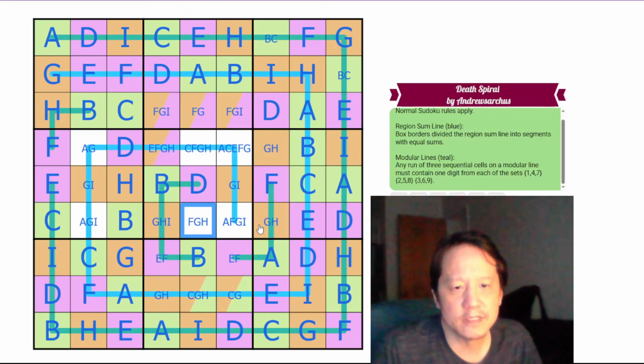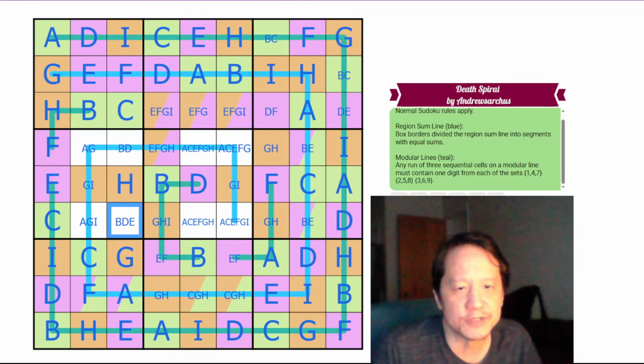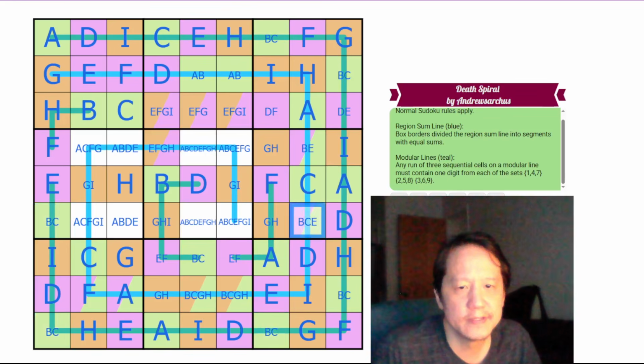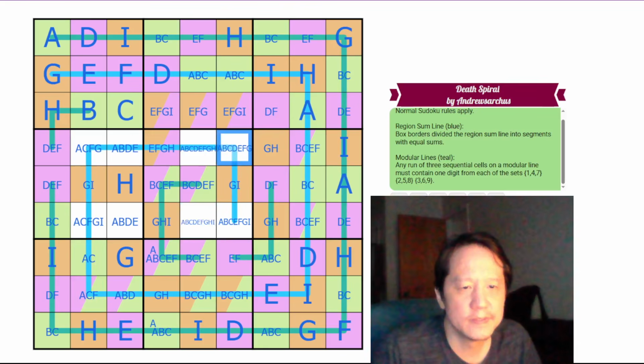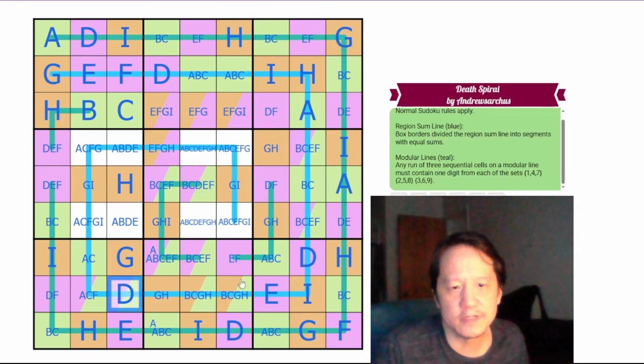Yeah, this is actually looking like a potential solution. Maybe we go the other way and see if that does lead to a contradiction. Let's try that. So that's when we made this F. So what happens if this is D?